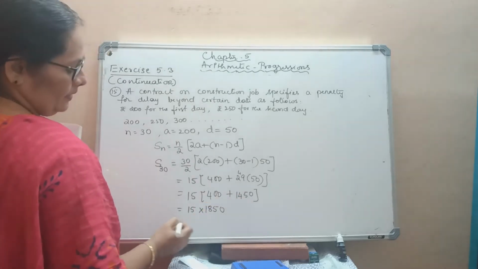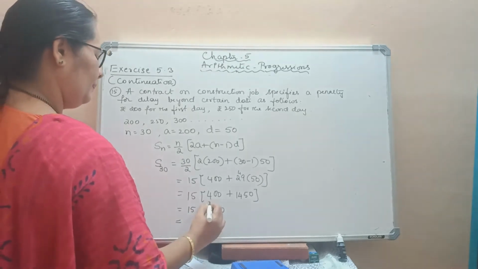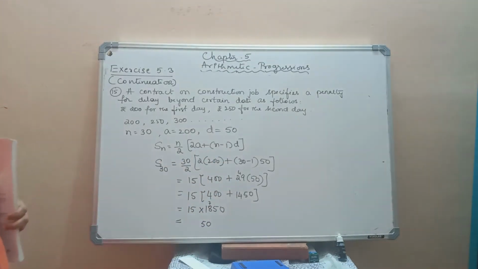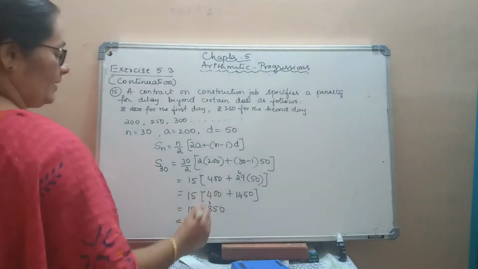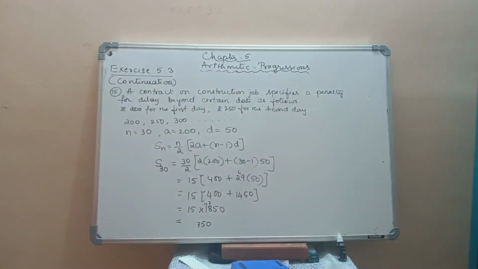Multiply. 0, 15 5s are 75, 15 8s are 120 plus 7, 127. Then 15 1s are 15, 15 plus 12, that is 27.